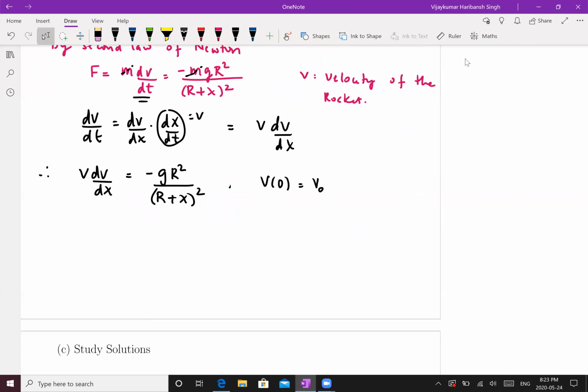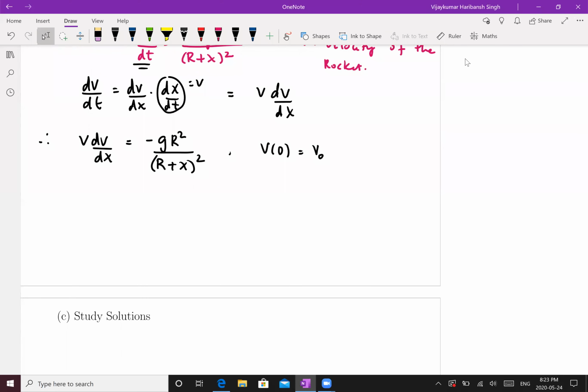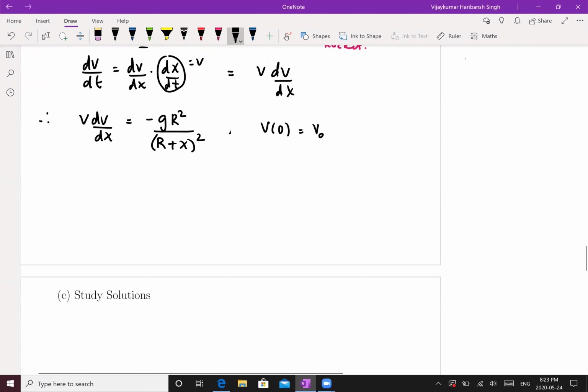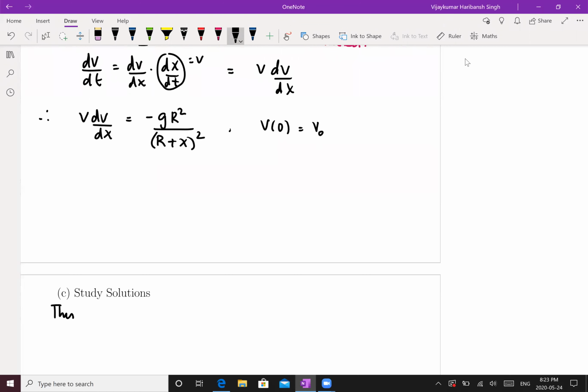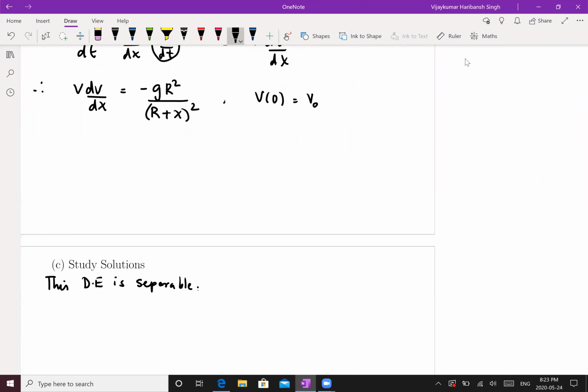Right. So let's try to solve this differential equation now. This is a separable differential equation, right? So whatever has v in it, I'll write on one side.